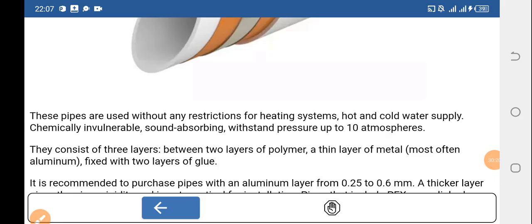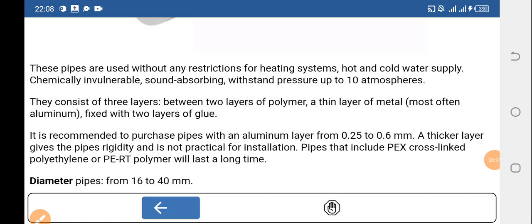These pipes are used without any restriction in heating systems, hot and cold supply, chemically invulnerable, sound absorbing, withstand pressure up to 10 atmospheres. They consist of 3 layers, between 2 layers of polymer, a thin layer of metal, most often aluminium, fixed with 2 layers of glue.